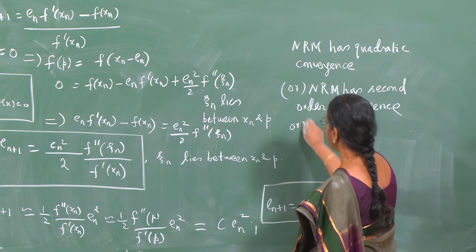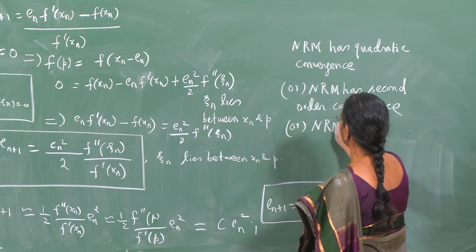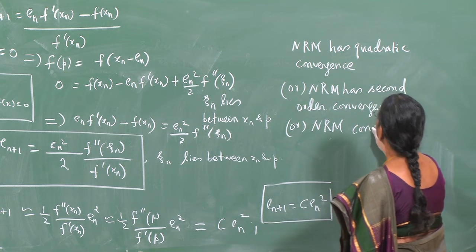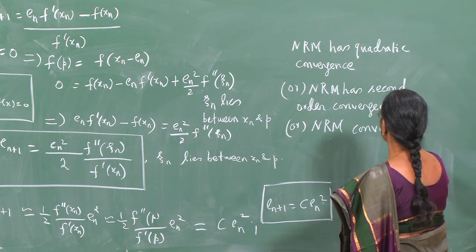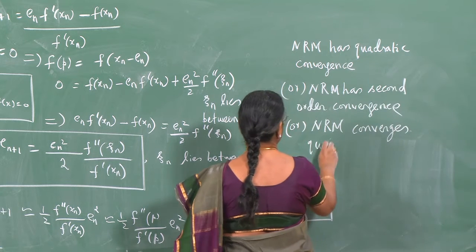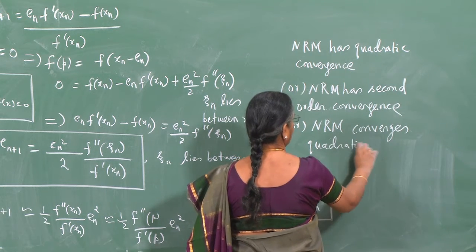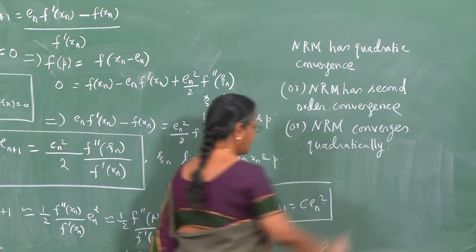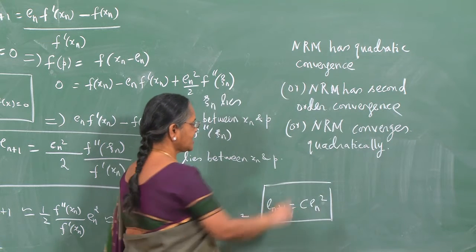Or we say that Newton-Raphson method converges quadratically. And what is the asymptotic error constant?